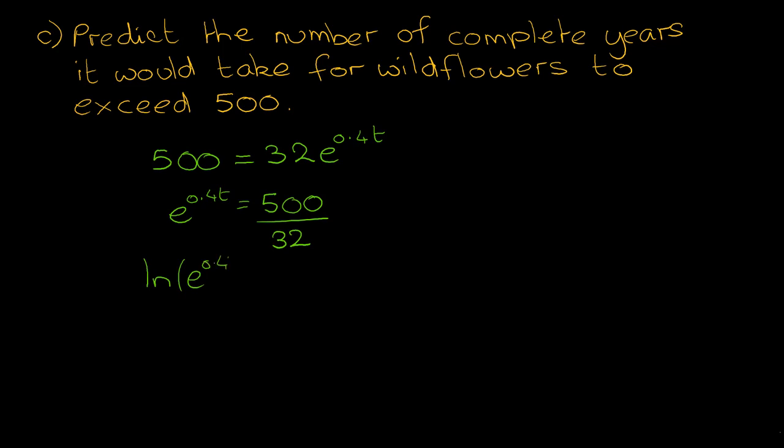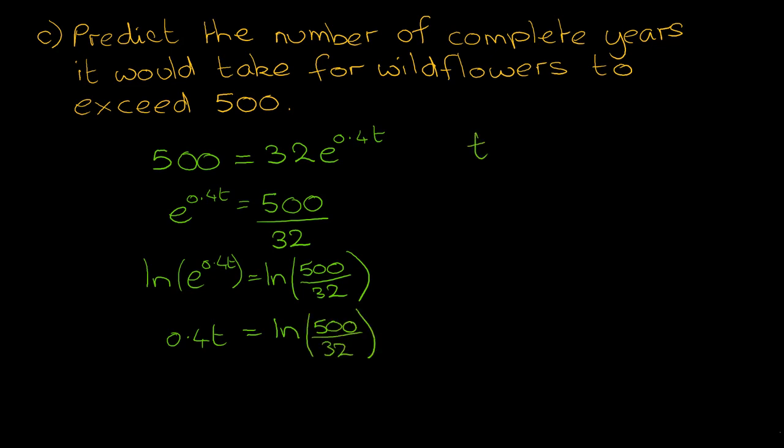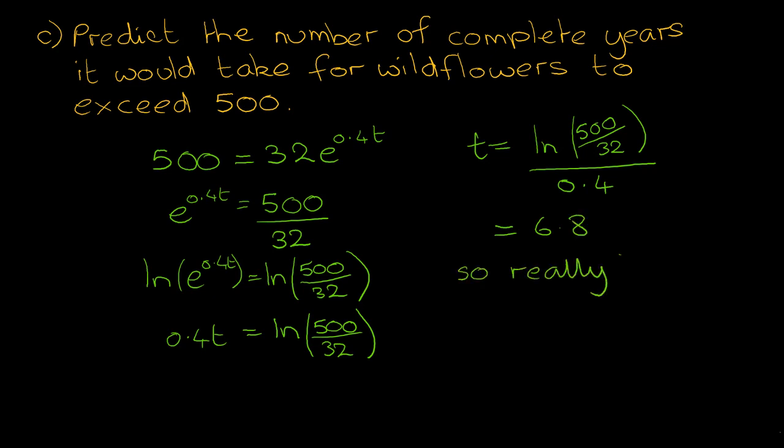So we get ln e^(0.4t) equals ln (500 over 32). So that's really just 0.4t equals all of that. And therefore t itself will be ln (500 over 32), all divided by 0.4. This works out to approximately 6.8 years. So we were asked about complete years, so this would really be 7 years.